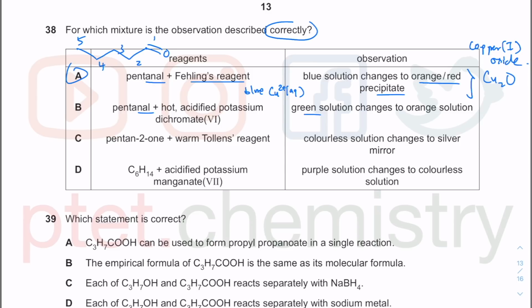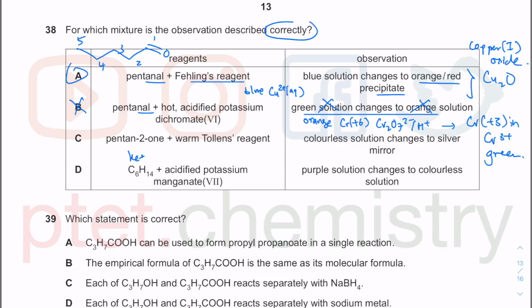And you don't change from green to orange. It's actually the other way around. Okay, it's actually orange to green. This is the chromium plus 6 in the Cr2O7 2 minus acidified going to chromium plus 3 in the chromium 3 plus, which is green in solution. So B is wrong. Pentan-2-one is a ketone. Ketone is not oxidized any further, not by Tollens, so you don't get any silver mirror.